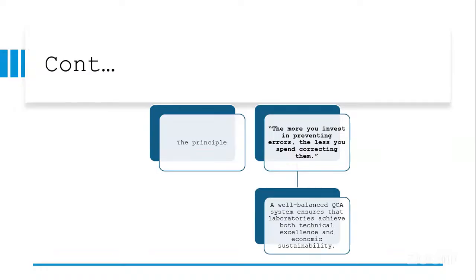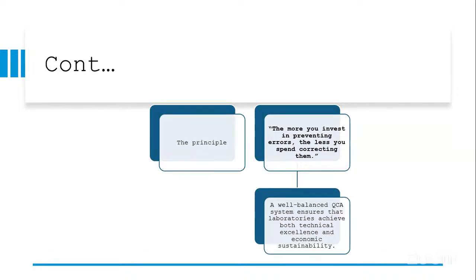Colleagues, in as much as we focus on quality service provision, we must also look at economic sustainability. You can give quality services, but you end up closing that lab of yours because you are not breaking even. So it has to be a balanced way of doing things.